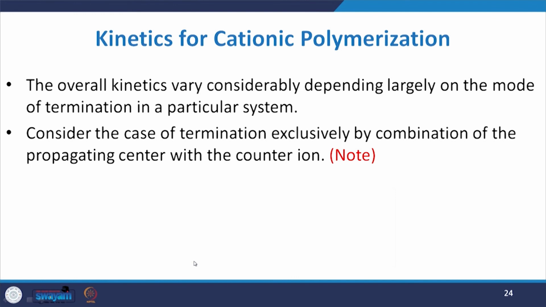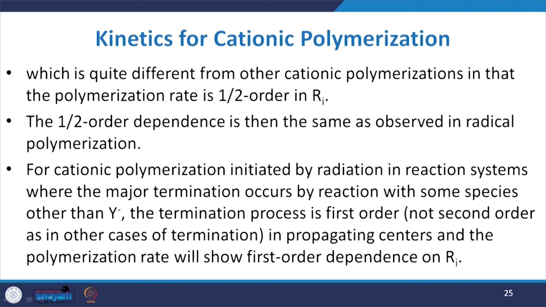So, in this way we discussed the kinetics. Now, this particular thing is quite different from other cationic polymerization, in that the polymerization rate is half order in Ri. This half order dependence is the same as observed in radical polymerization.